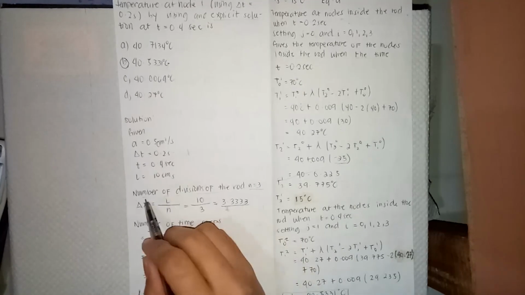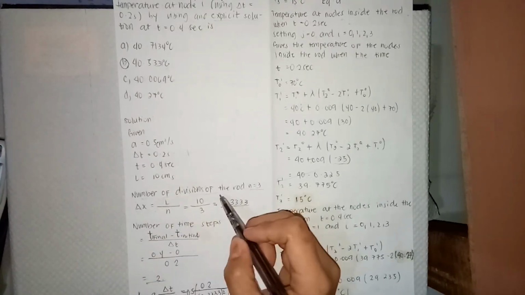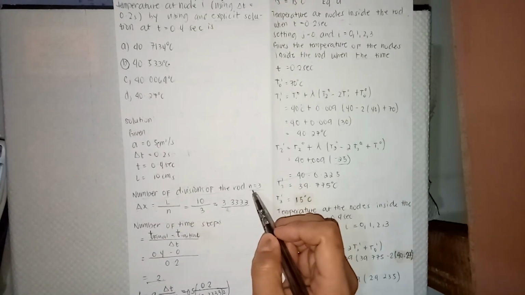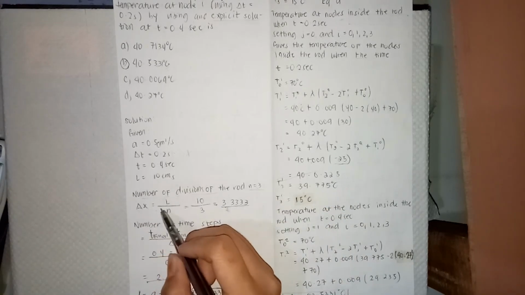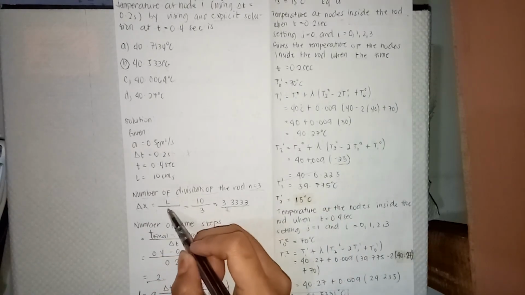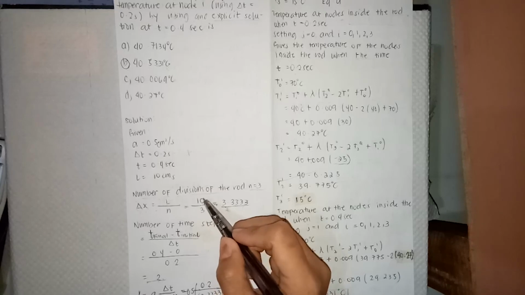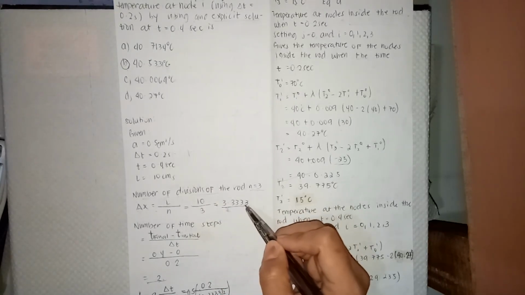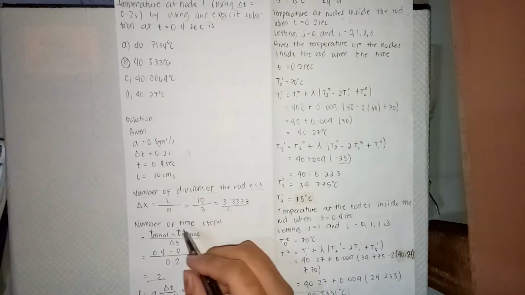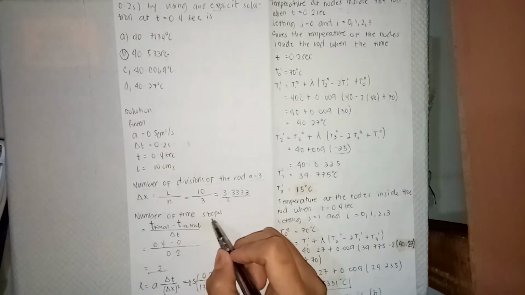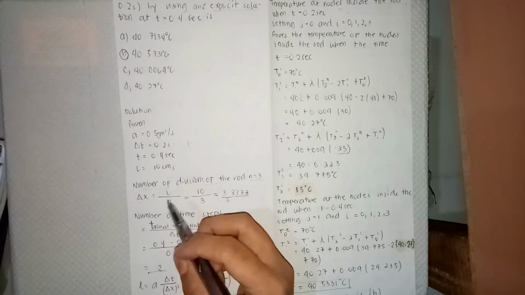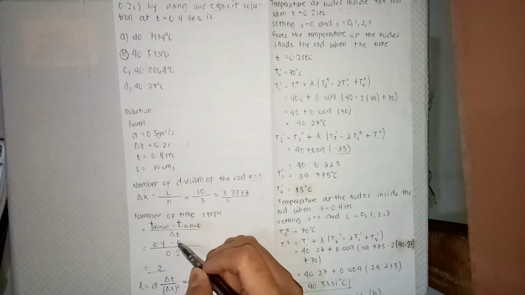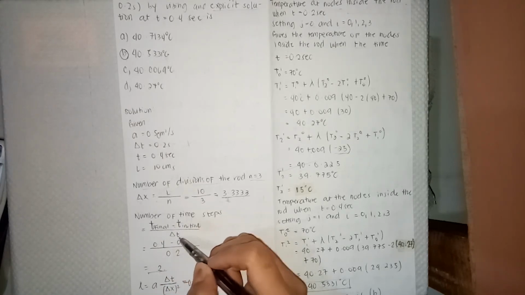So let us first determine the number of divisions of the rod, which is 3. So delta x is equal to L over N. So let us input our values and we will get the answer of 3.33333. Next, the number of time steps. So our formula is final time minus the initial time over delta time.